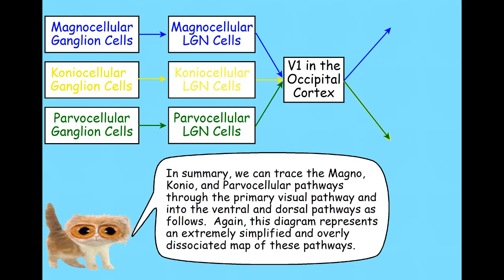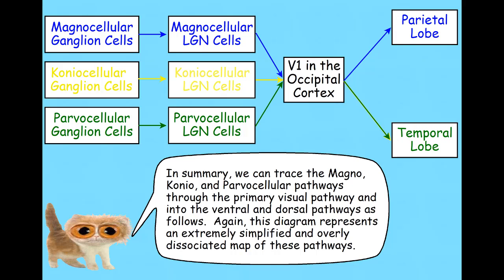different processing streams. The magnocellular processing stream goes up into our parietal lobe to form the where, how processing stream, and the koniocellular and parvocellular processing streams go down to the temporal lobe to form the what processing stream.